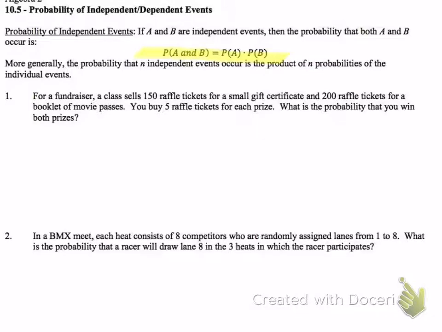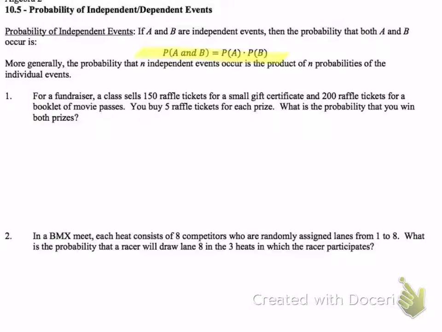But if I took one card away and then I only have 51 left, then my denominator changes to 51 because I have one less card. So that means my stack of cards is changing and then my probability is changing. So we're going to decide, looking at examples, whether they're independent or dependent, and then find the probabilities for those.